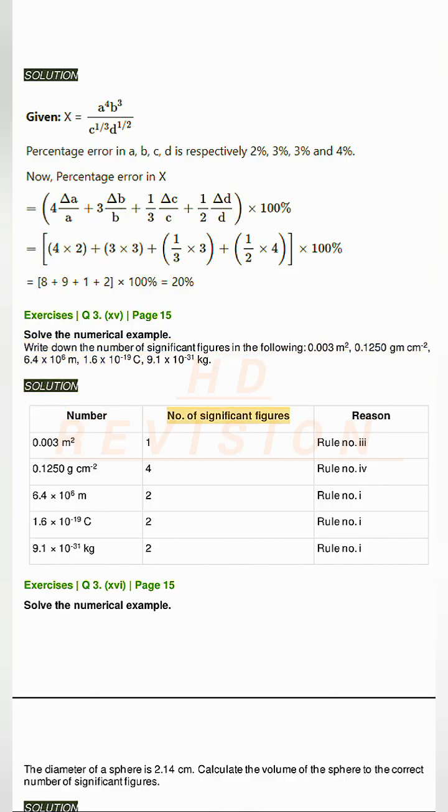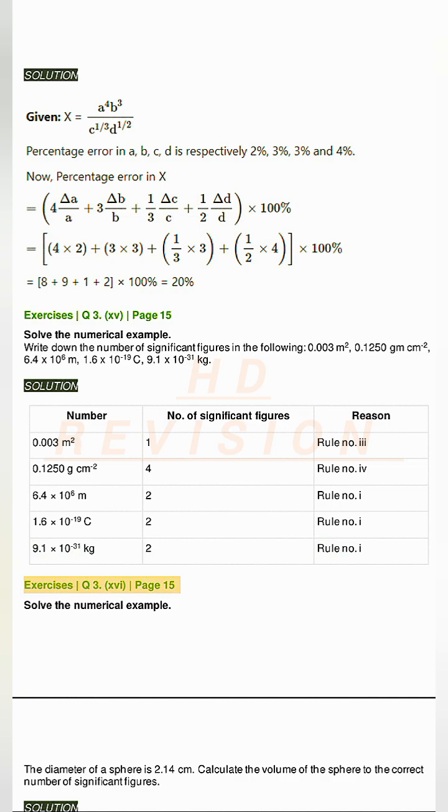Number, number of significant figures, reason. 0.003 square meters: 1, Rule number II. 0.1250 g per cm squared: 4, Rule number IV. 6.4 times 10 to the 6 meters: 2, Rule number I. 1.6 times 10 to the 19 C: 2, Rule number I. 9.1 times 10 to the minus 31 kilograms: 2, Rule number I.